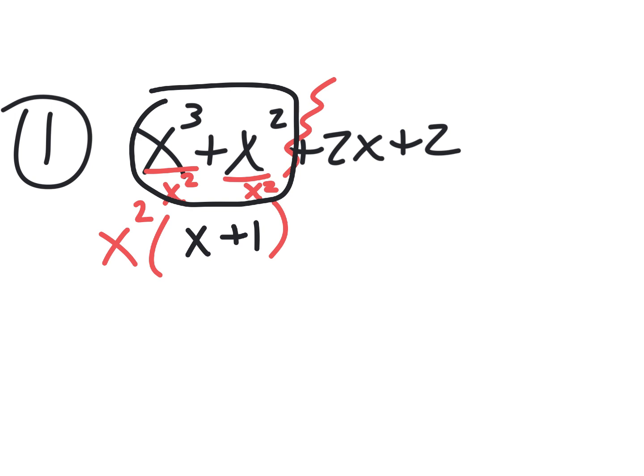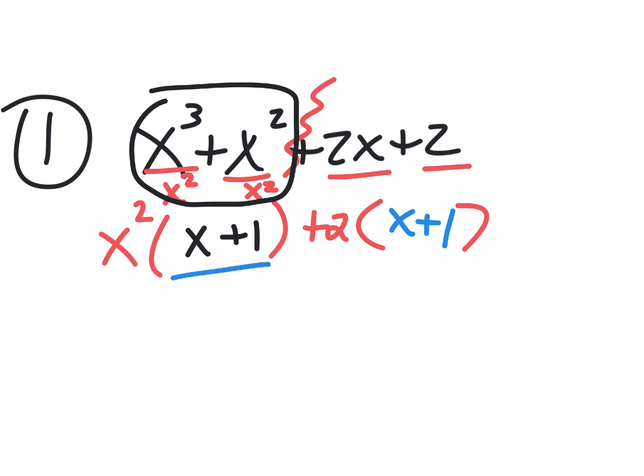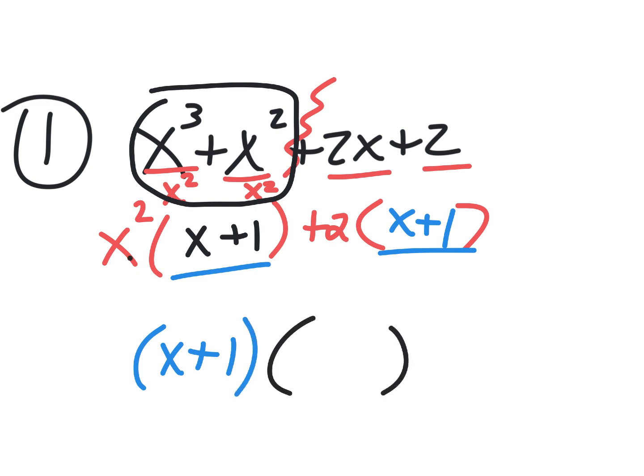That is how you'd start at least. And then, see how there's a 2 in both of those? Factor out the 2. And you get x plus 1. That's not a coincidence. These are exactly the same. So those go to the front. And these go at the end.